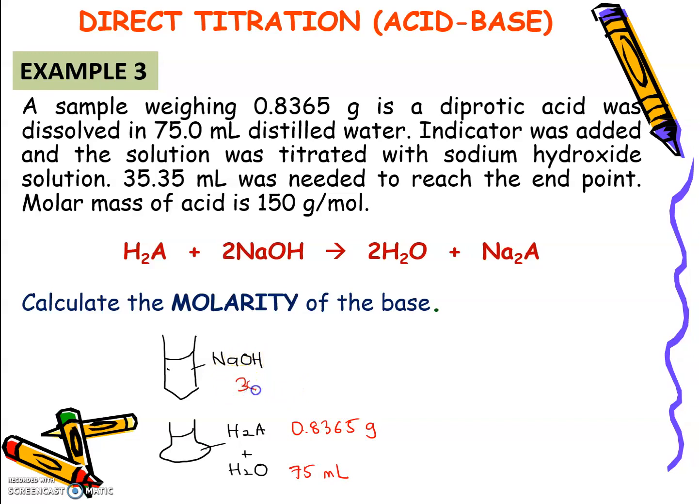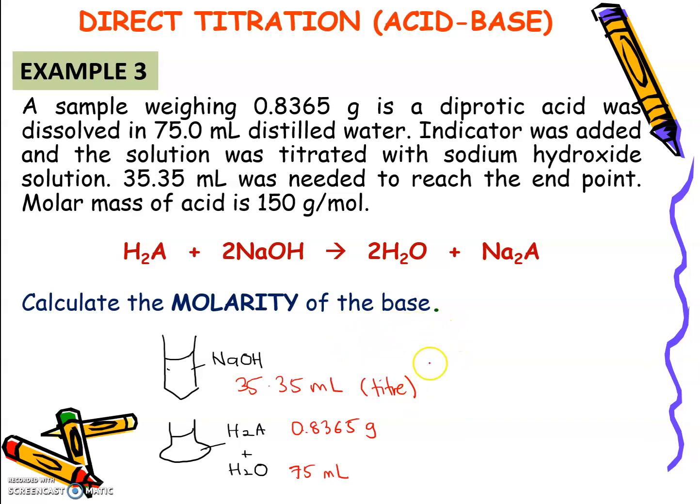So 35.35 ml needed to reach endpoint. Okay, so means that when 35.35 ml sodium hydroxide solution is delivered to the conical flask, the indicator changes color. So this volume is called the titrant, to make the reaction complete. So the question is calculate the molarity of base.